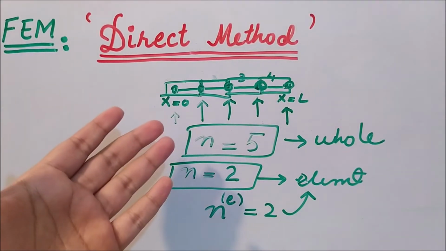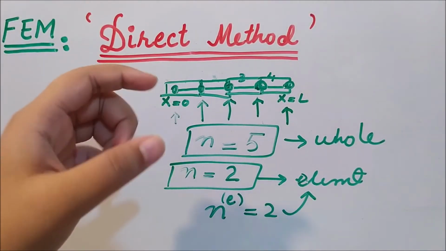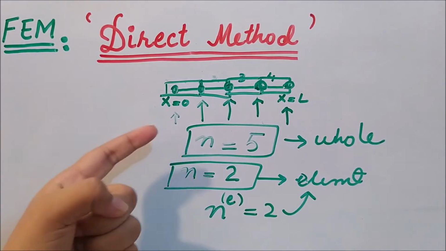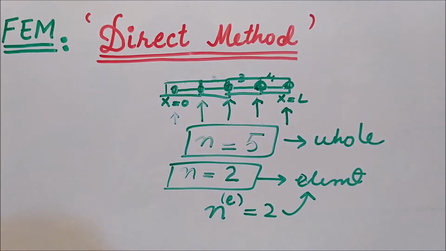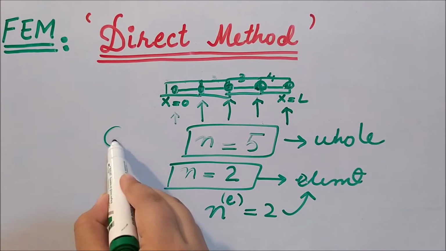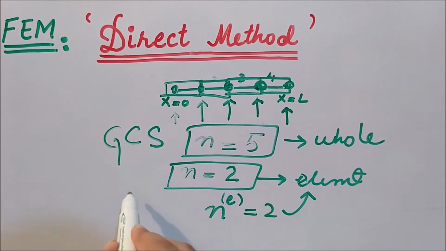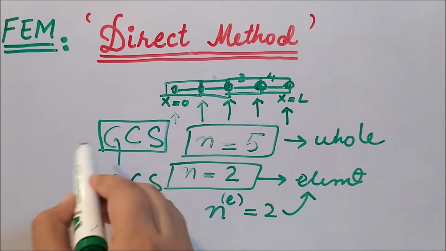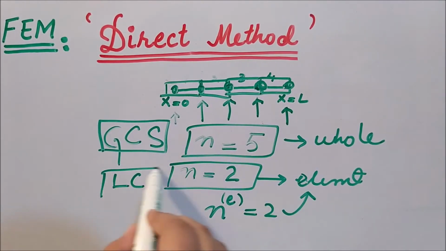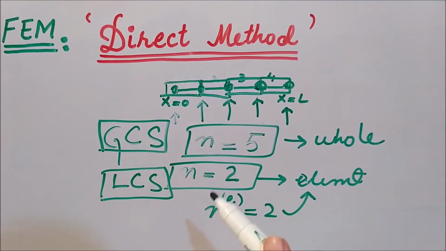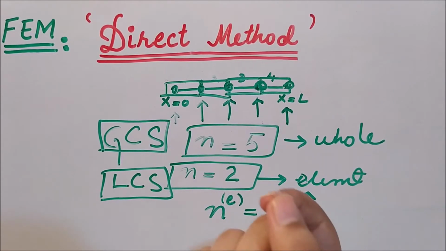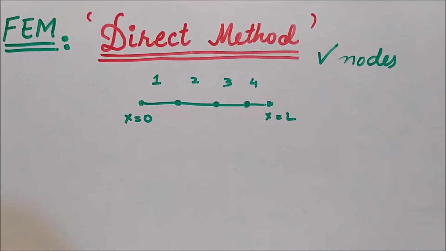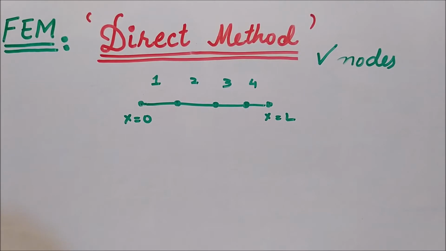Generally, we say we have a global numbering and we have a local numbering, or we can also say that we have a global coordinate system or a local coordinate system, in which we have to consider the whole structure. In this, we only need to talk about one element at once. And here we have to specify the number of elements as well.